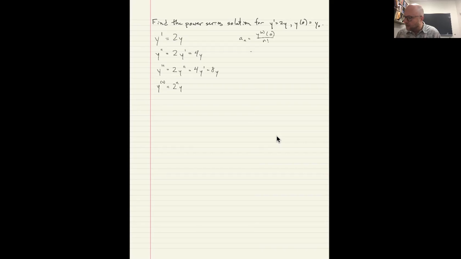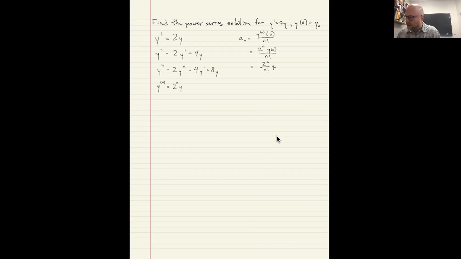So for our purposes, we get 2 to the n times y of 0 divided by n factorial. And since y of 0 is 1, then that is just 2 to the n over n factorial. Oh, sorry, I said 1. I meant y sub naught.